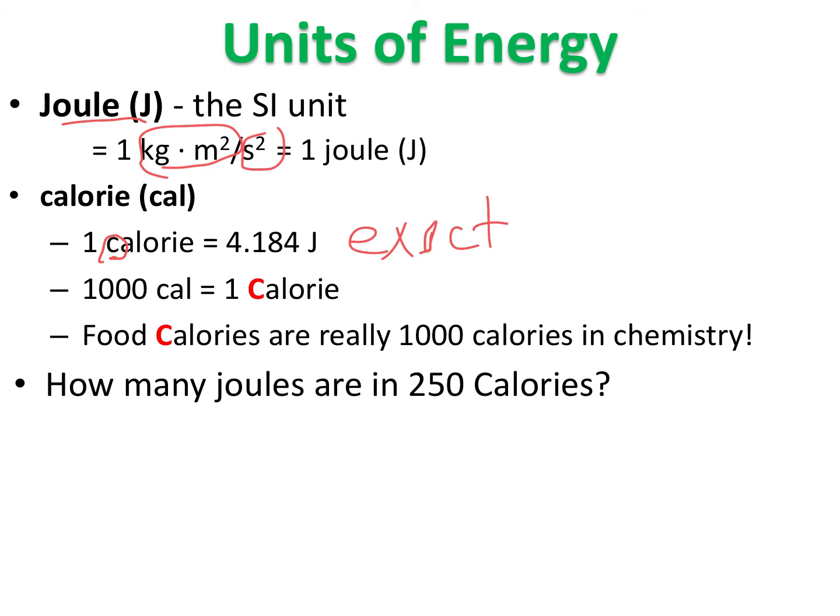This is a defined conversion factor. Also, there are 1,000 calories in one food calorie with an uppercase C.